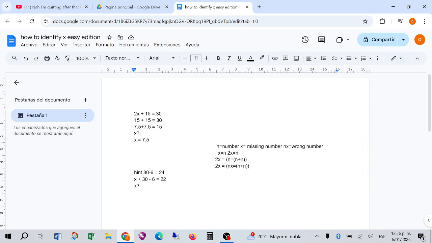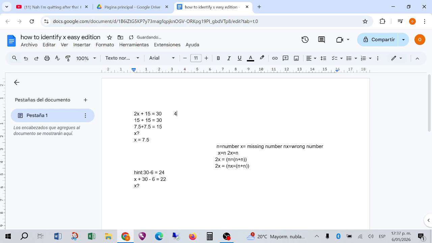Basically, on how to know that n plus n equals n or nx, we do this. Let's take a random math problem. Let's assume that for the sum of n plus n, we got 4.